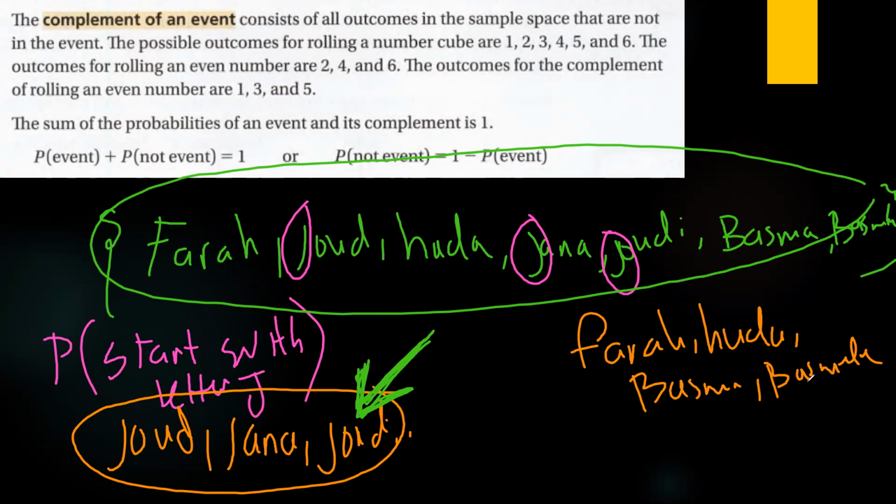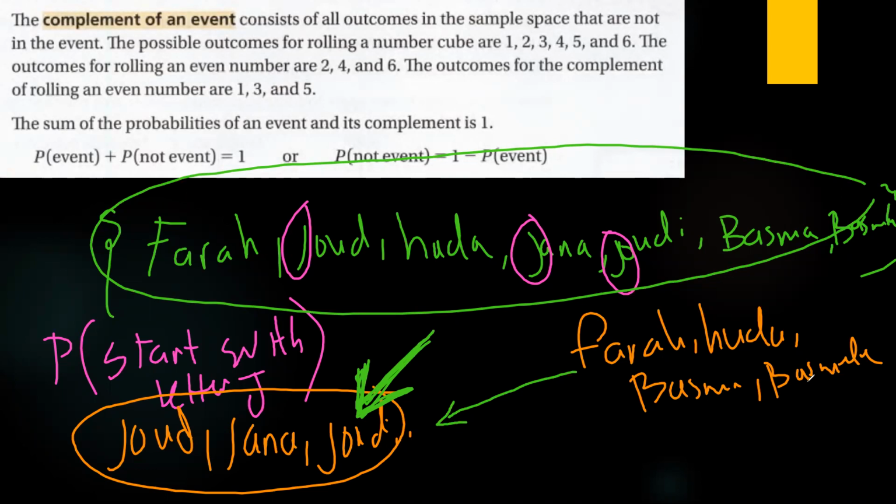That's if I add them to the girls that I chose, I have the sample space, I make the class. So the girls that I choose are my event, and the other girls such as Farah, Huda, Basma, and Basmala that I didn't choose, I call them the complement of the event.